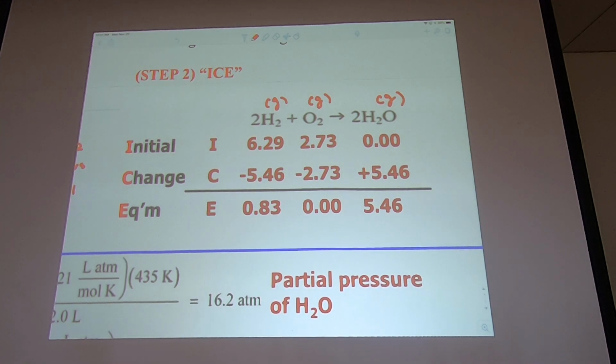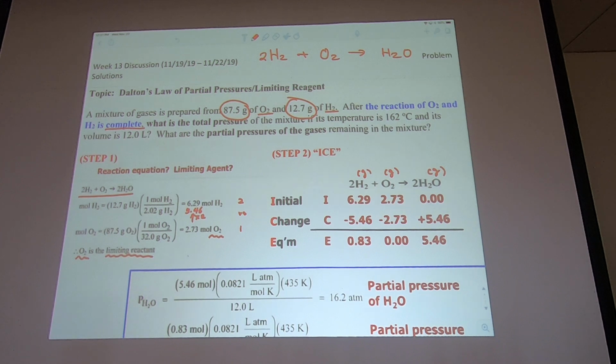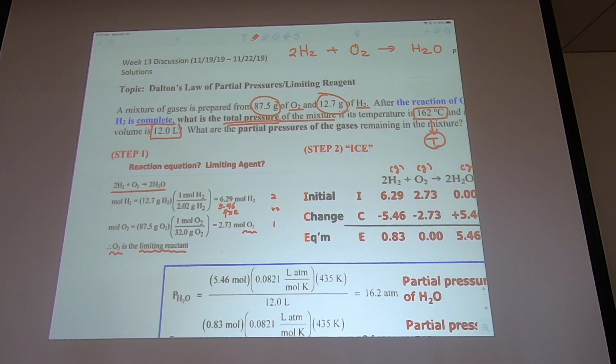All right, so that's what I've got so far. The reaction is complete, which means the limiting reactant is completely used. And then they ask, what is the total pressure? And what was given? Okay, the temperature is given, so I can relate this one to the temperature. I can relate this one to the volume. And then they ask, what is the pressure here?